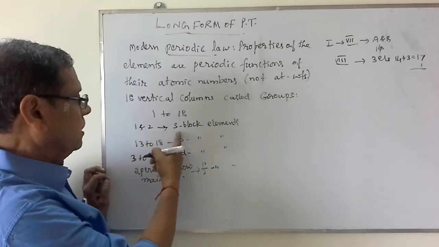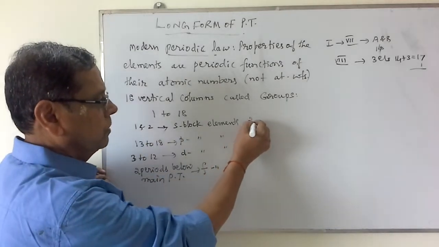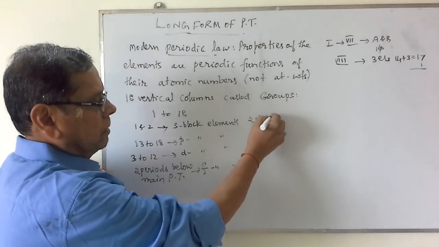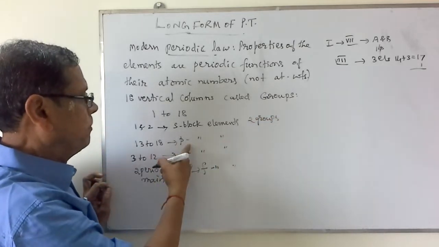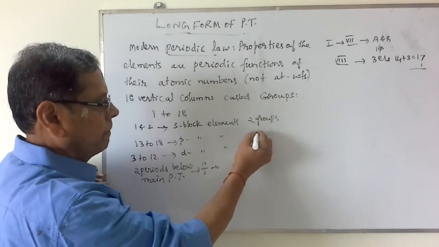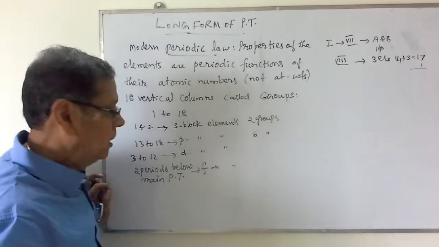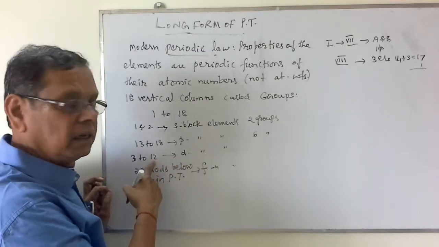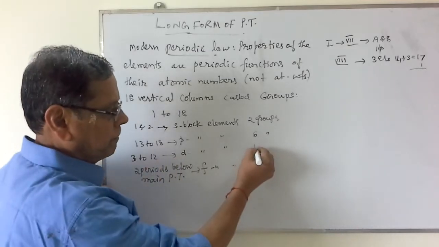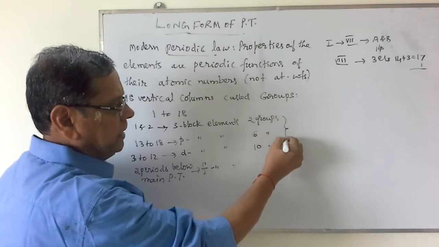In case of the S block, there are 2 groups. In case of the P block, there are 6 groups. In case of the D block, there are 10 groups. So totally it is 18 groups.